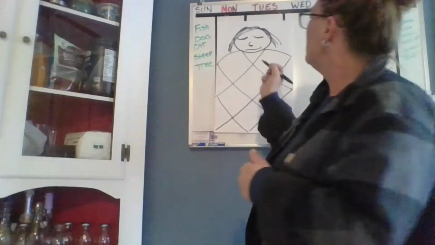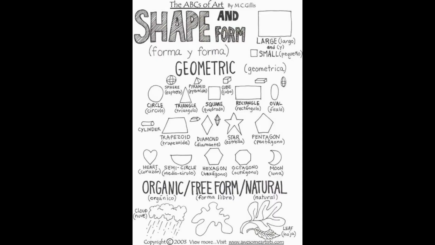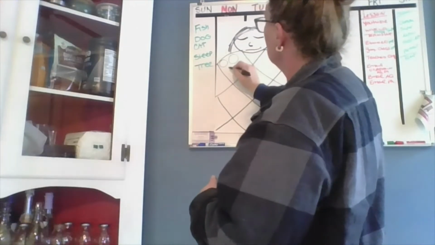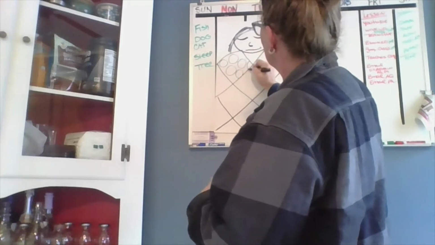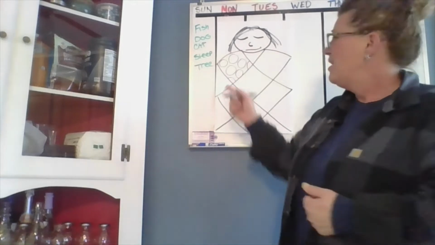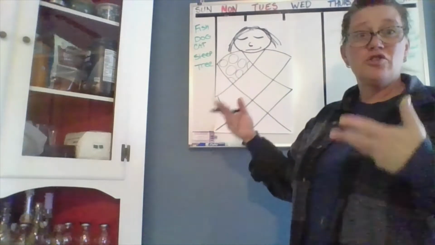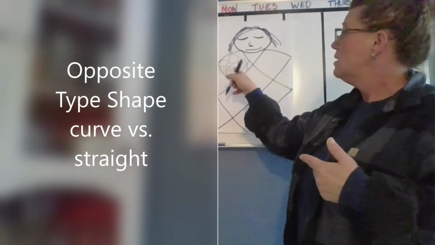Got my marker. I'm going to start. I'm going to do circles. 1, 2. I got them all over in this quilt. Circles are curved, right? The opposite of curved would be straight. So we're going to start thinking a little bit on opposites also.